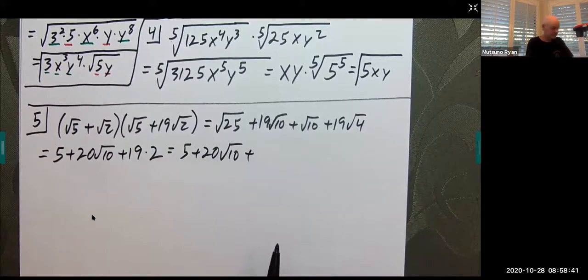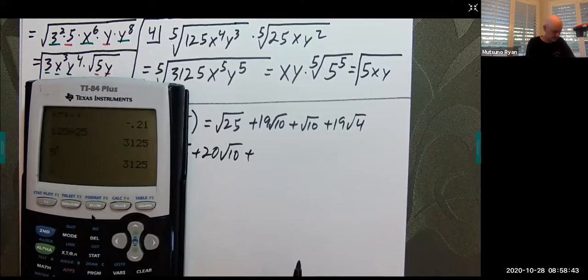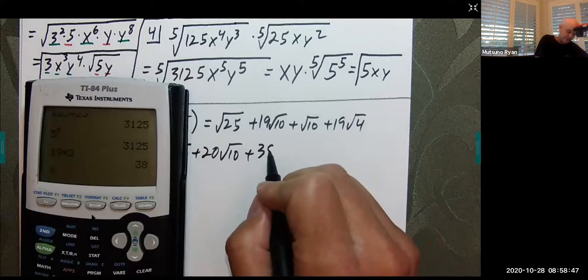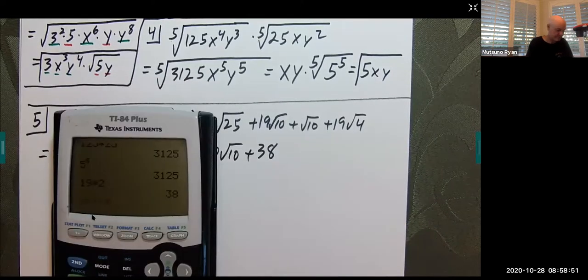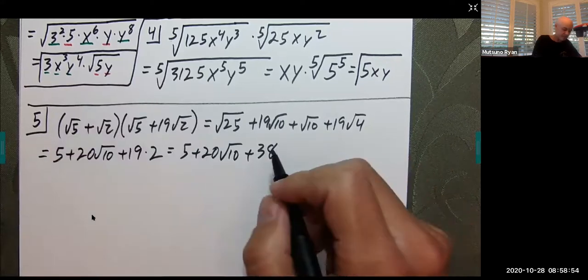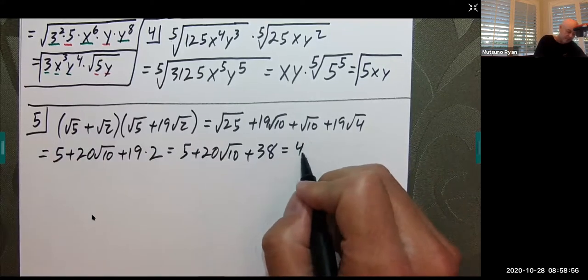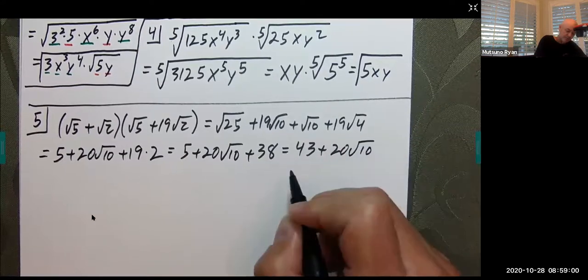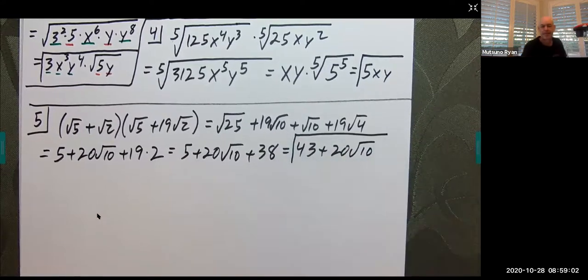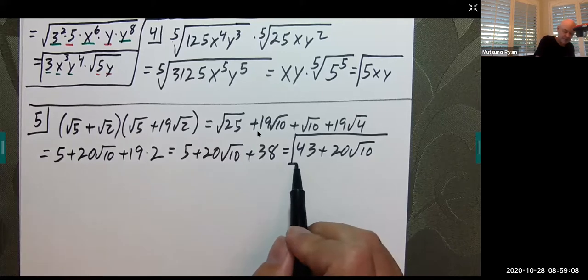Nineteen times 2 is 38 plus 5 is going to be 43 plus 20 root 10. That is my final answer.